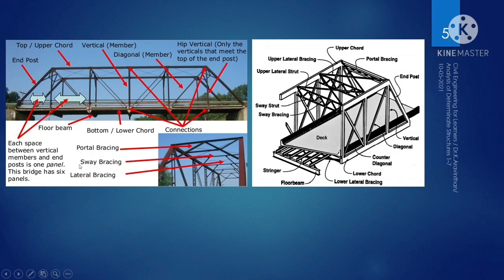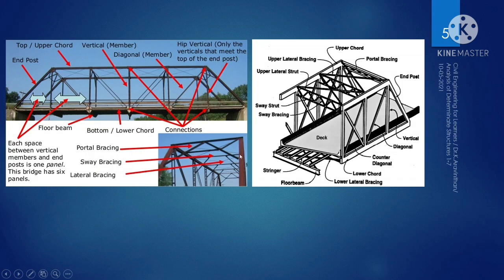And there are 3 types of bracing: portal bracing, sway bracing and lateral bracing. You can see this is a portal, this is the end portal, and you will have bracings here. This is indicated here. This is the portal bracing, and at the end you have this portal bracing and sway bracing.